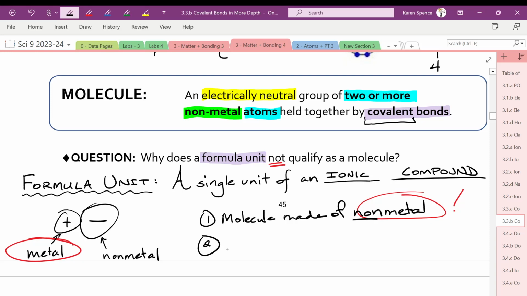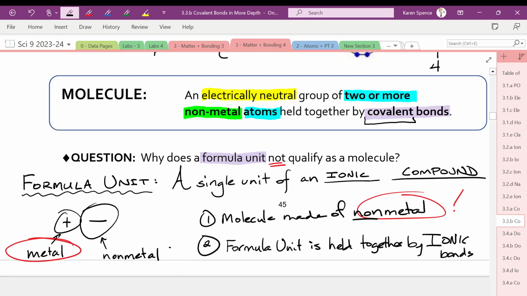The formula unit, which I cannot abbreviate because it's rude, is held together by ionic bonds. Whereas a molecule is covalent bonds.